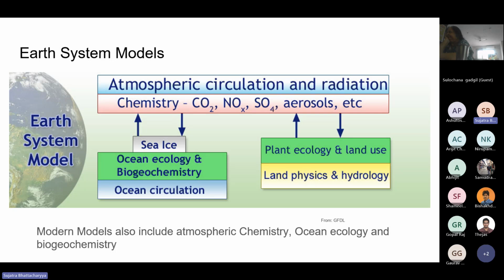All of them need to be combined together and they need to evolve together because they are going to interact with each other. What happens in the ocean or on land is going to affect the atmosphere, and what happens in the atmosphere affects the land. As you're going into the future, they are going to co-evolve. So that's what we call an Earth system, which is at the top of our pyramid.